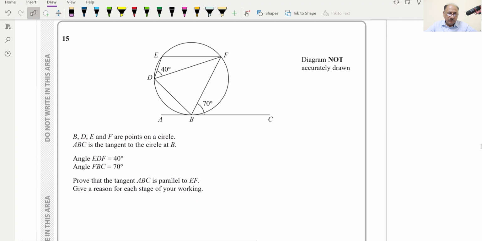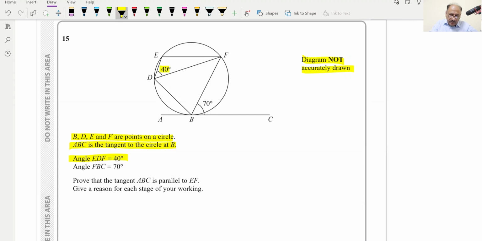Now question number 15, diagram is provided which is not to scale, and they are saying B, D, E, F are points on the circle, so it's a cyclic quadrilateral. So ABC is the tangent to the circle at B, and angles are provided.